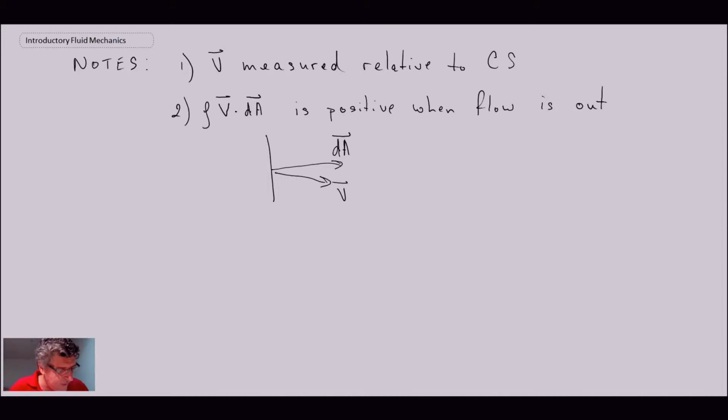It's at a different direction. The angle between these two we specified as being alpha. And if we express what the dot product is, it's the magnitude of V multiplied by the magnitude of dA cos alpha. And this is a case where alpha is less than 90 degrees, or less than pi over 2.